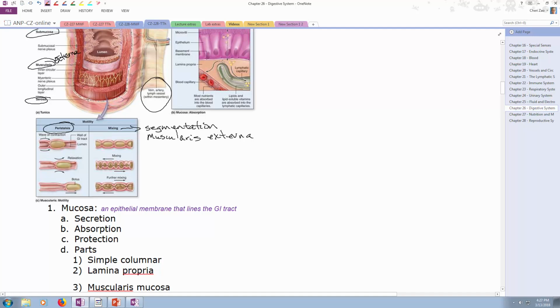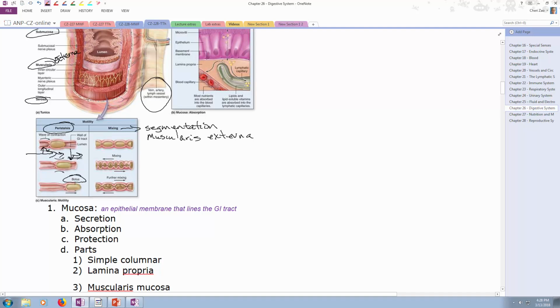In peristalsis, we want to move things in one direction, so we relax things up front and contract things behind in order to move it along. Once it's moved in one area, we continue the relaxation as it moves on down and continue our contraction wave also.